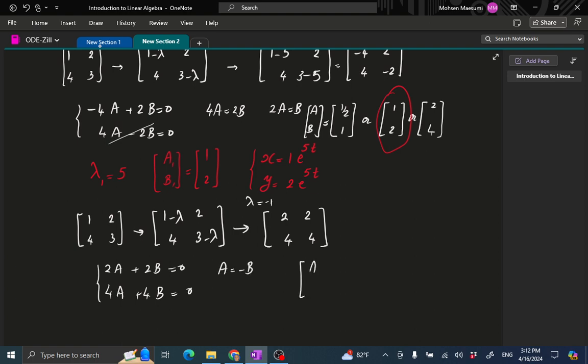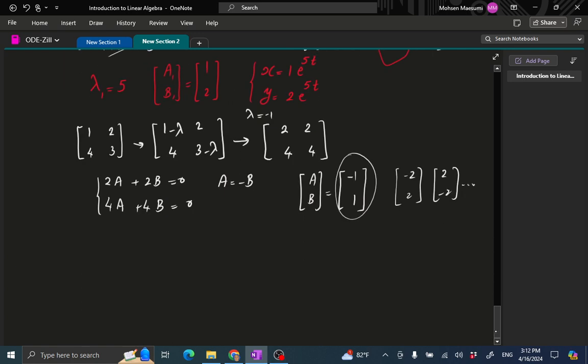So if I want to make a matrix AB, here's a choice: take B to be 1 and A will be -1, or vice versa. Of course, I could have taken -2 and 2, or 2 and -2. I could have taken all of these things, but we can reason that that is the best.